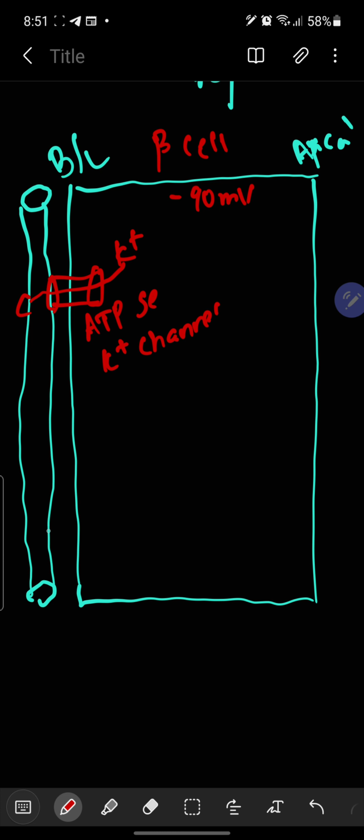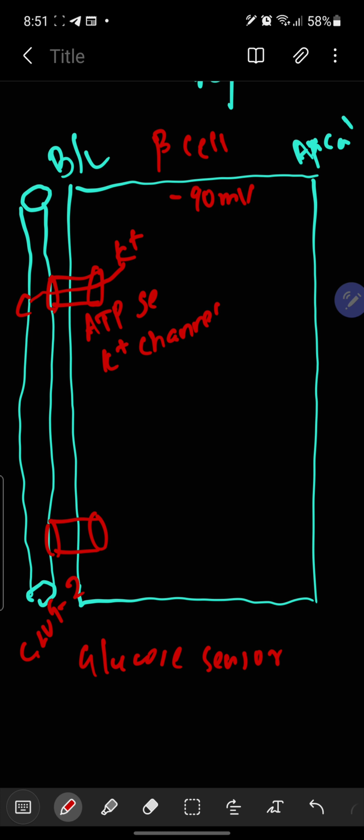Now here we have the GLUT2 molecule on the basolateral membrane. Whenever blood glucose level increases, glucose enters the beta cell of the pancreas by diffusion. So this is considered the glucose sensor.